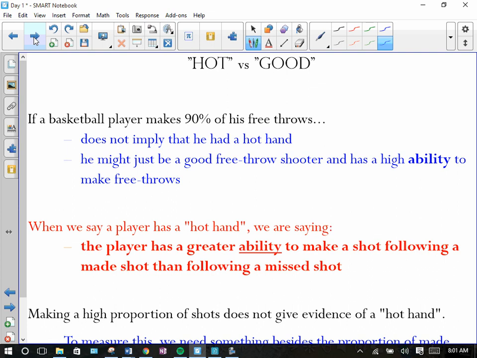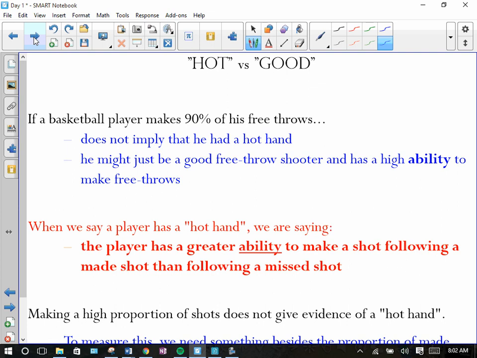So, hot versus good. We need to distinguish between the idea of the hot hand and just being good. If a basketball player makes 90% of his free throws, say I go out and shoot 100 free throws and make 90, that does not imply that I have the hot hand.